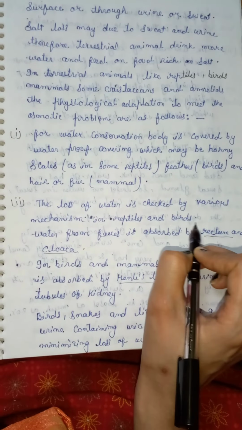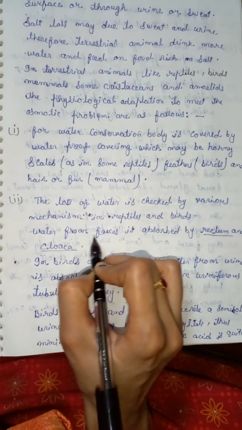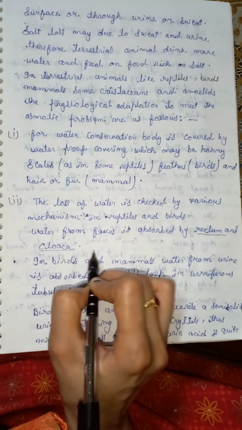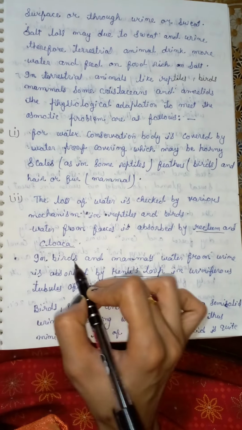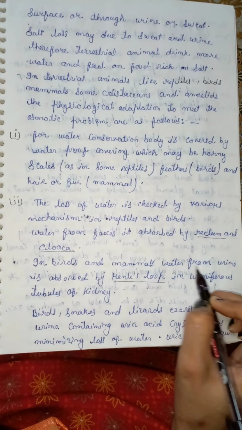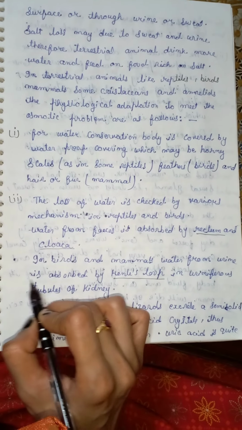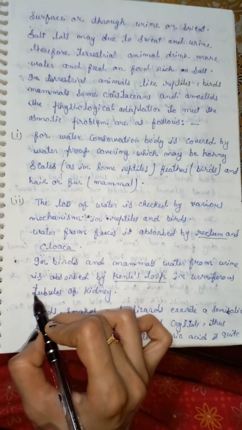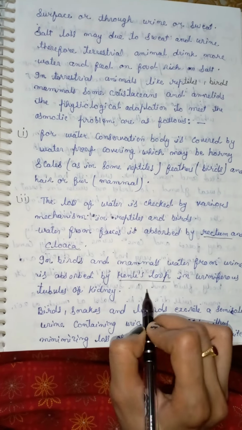In reptiles and birds, water from feces is absorbed by the rectum and cloaca. In birds and mammals, water from urine is absorbed by the loops of Henle in the uriniferous tubules of the kidney.